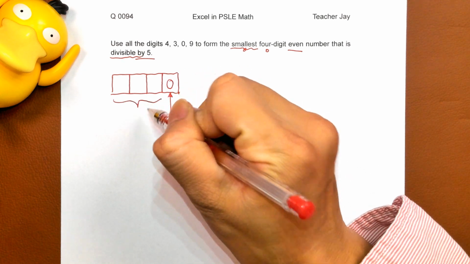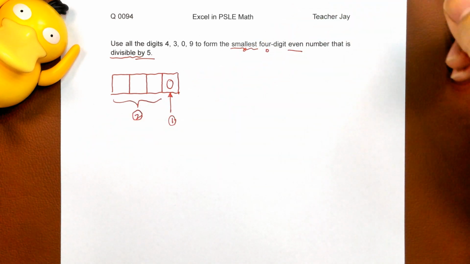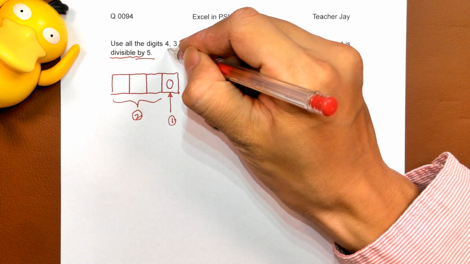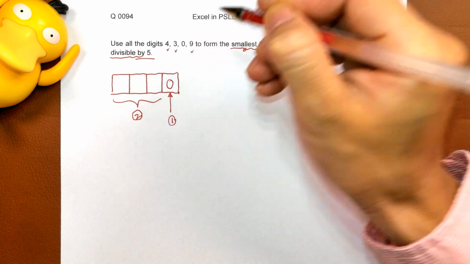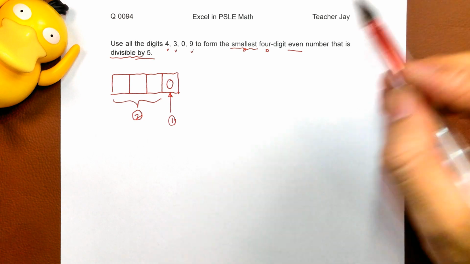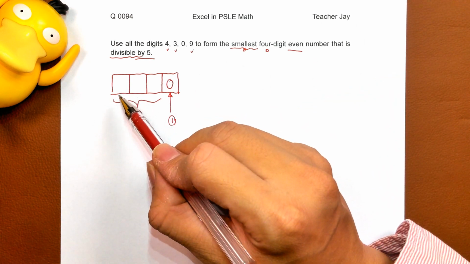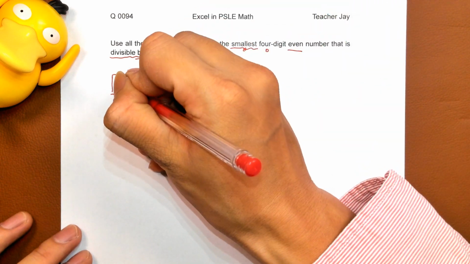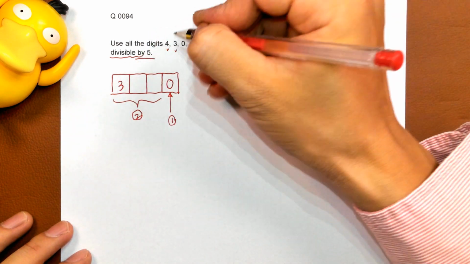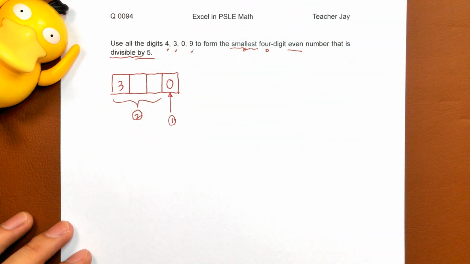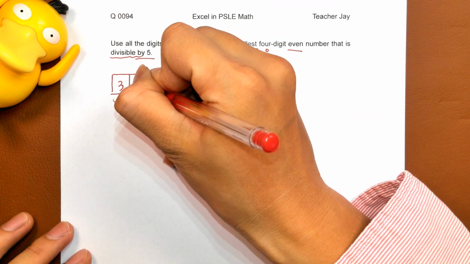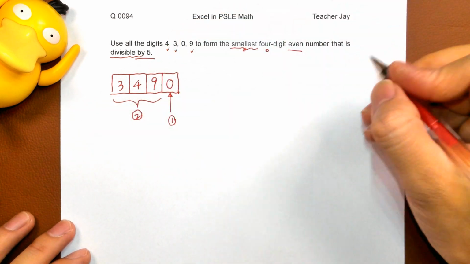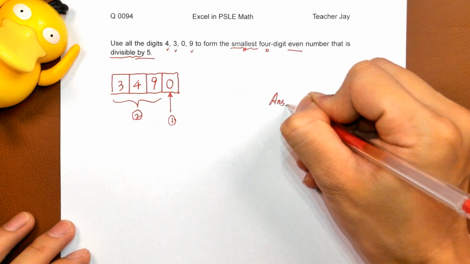So step 2, in pursuit of the smallest number, we place the remaining 4, 3 and 9 from smallest to largest, starting from the thousands place. The smallest digit is 3, and then a little bit larger than 3, 4, and the last one 9.